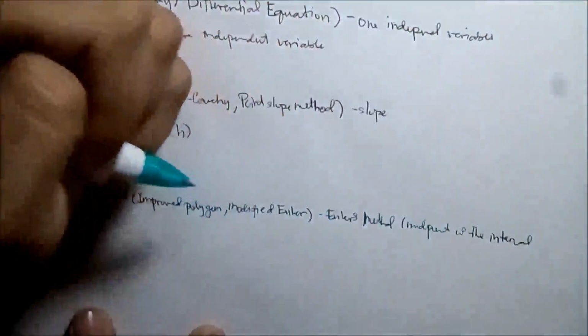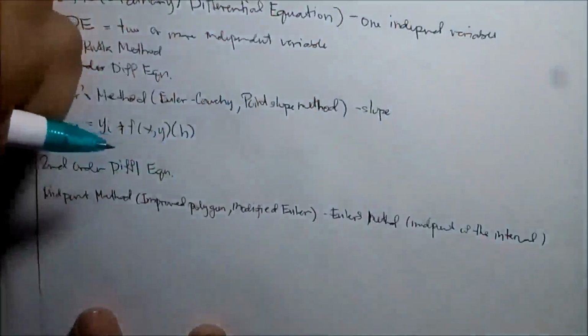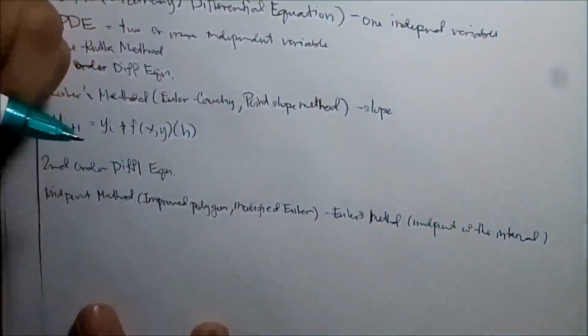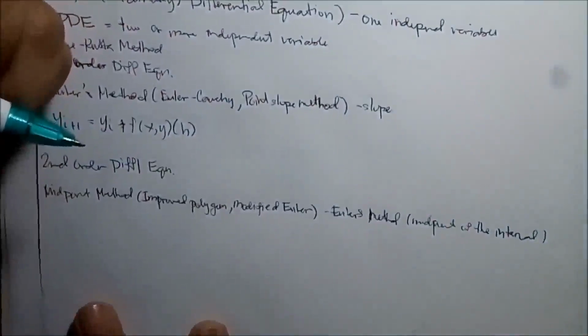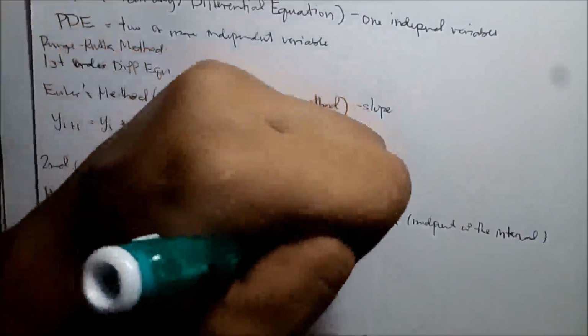It is more superior to Euler's method because it utilizes a slope estimate at the midpoint of the prediction interval.